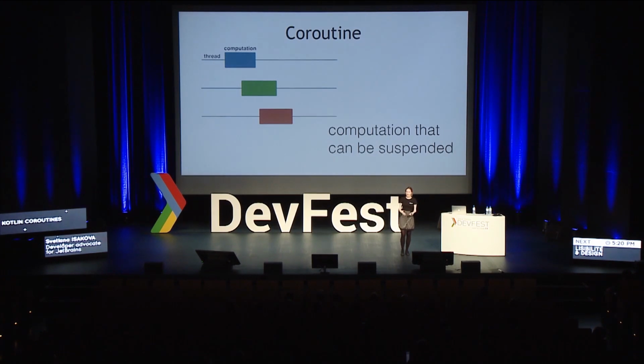To explain this difference, I will use the following pictures. In my talk, I will have lots of pictures today. I understand that it's the second half of the day, so you might be tired. I hope that pictures will help. For my notation, I will use the following. The thread will always be a line, and a coroutine is a computation, and it will be drawn as this block.